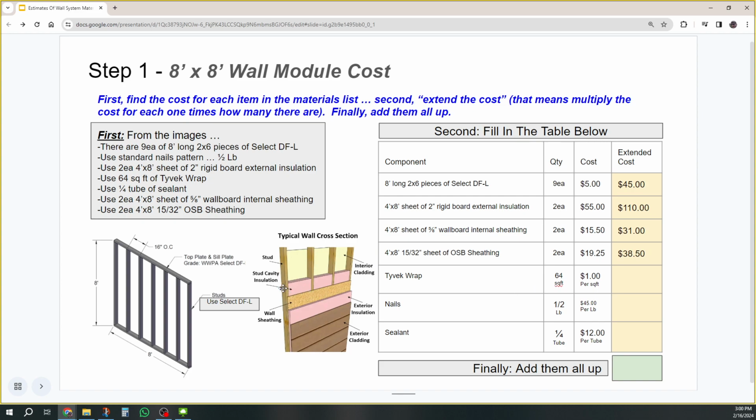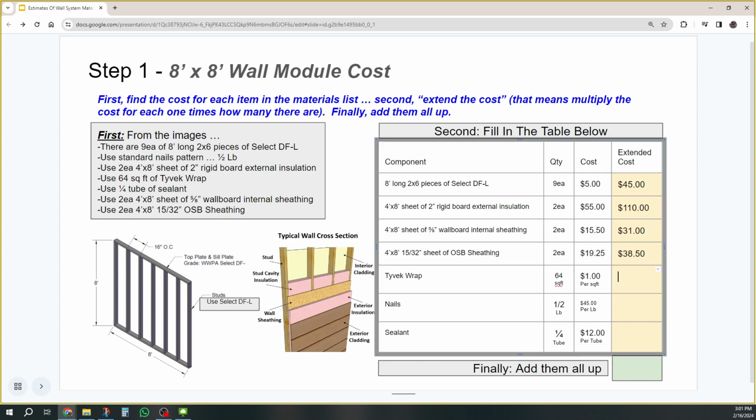The Tyvek wrap, remember that's that plastic that goes around, and I'm going to need 64 square feet of it, and it's about $1 a square foot, so that one's easy to multiply out in my head. And about half a pound of nails. They sell nails by the pound. And so I'll need about half a pound by the time I get all these nailing patterns done and everything.